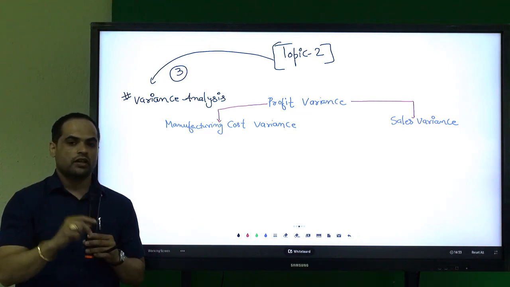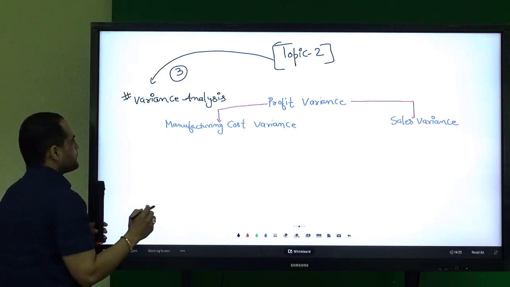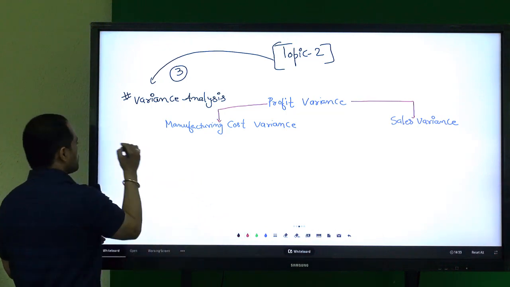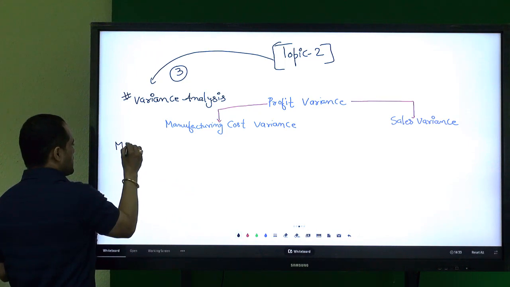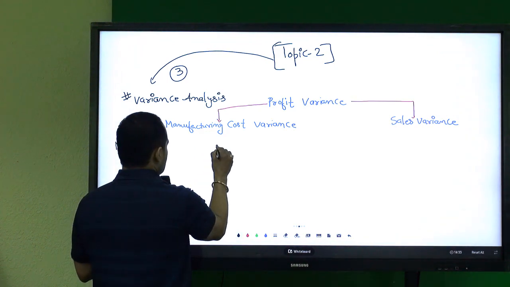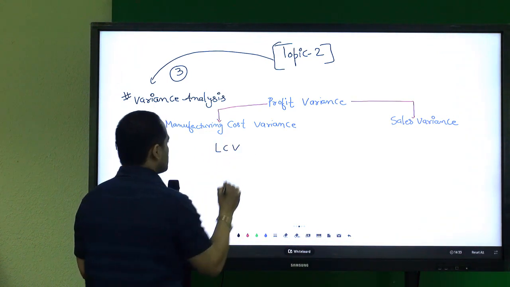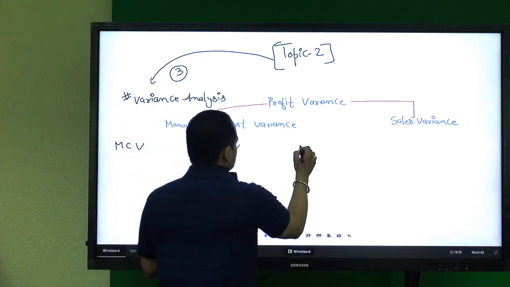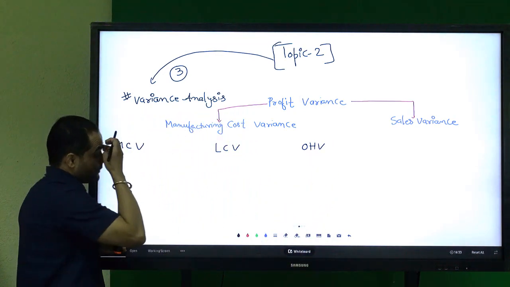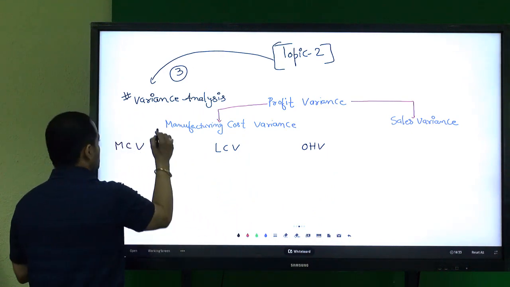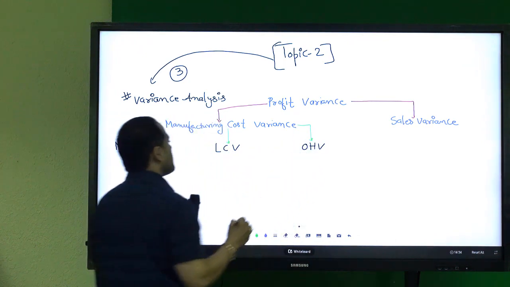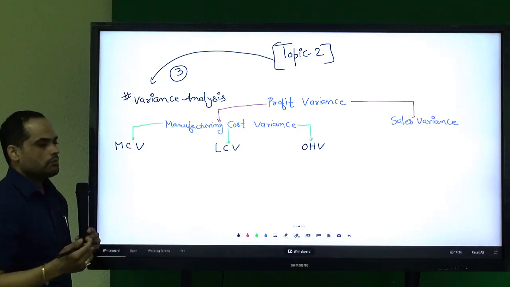Three variances we're going to cover here: material cost variance, labor cost variance, and overhead variance.